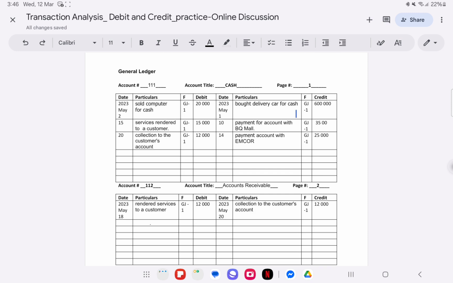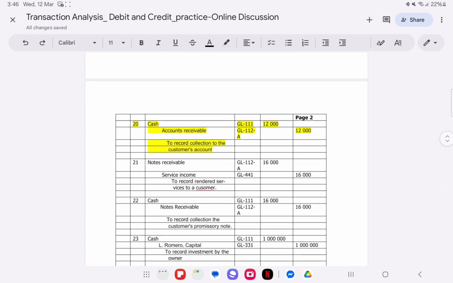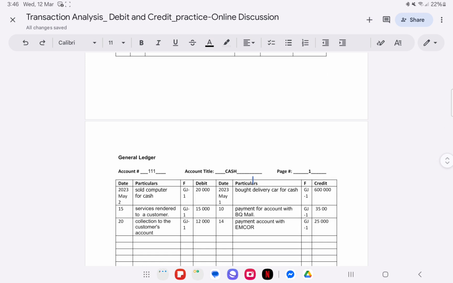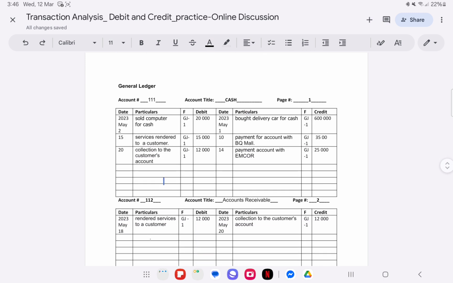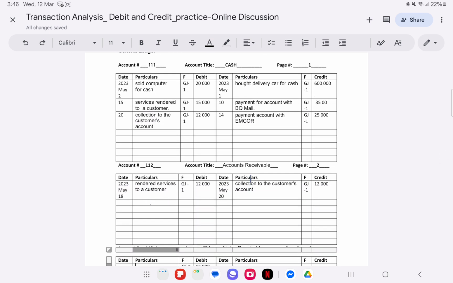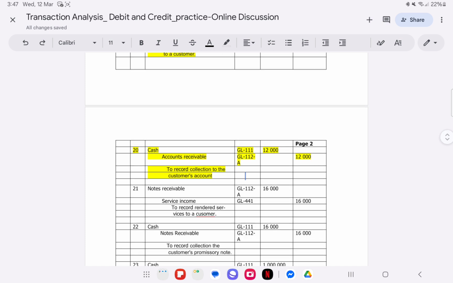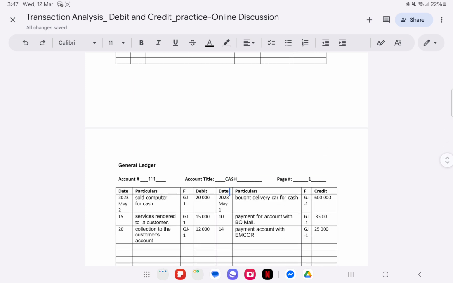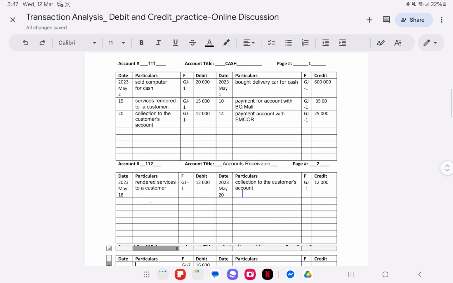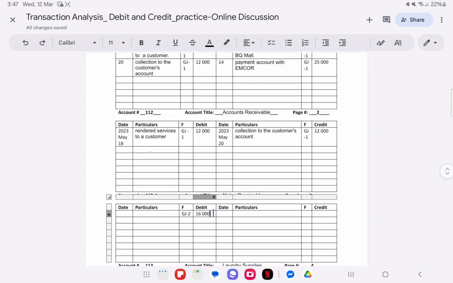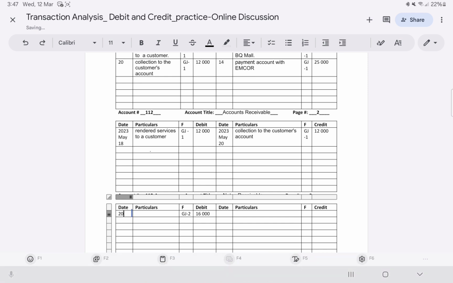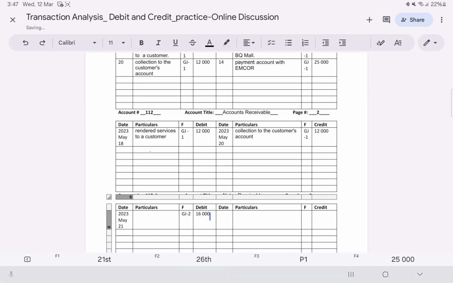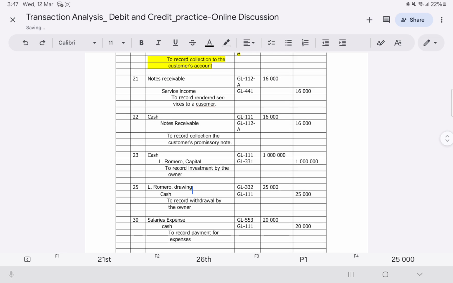Okay, so transaction 21, 16,000. Notes receivable, 2023 May 21, 16,000.